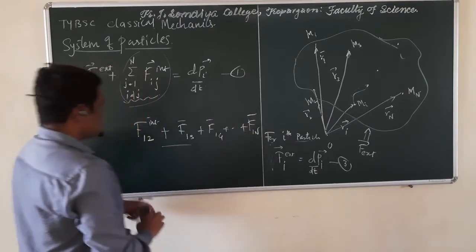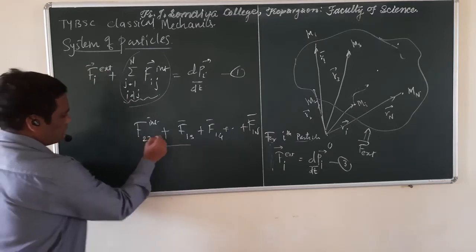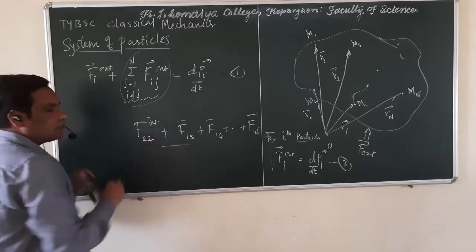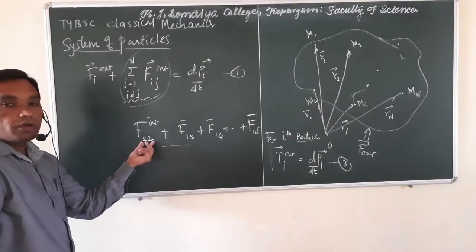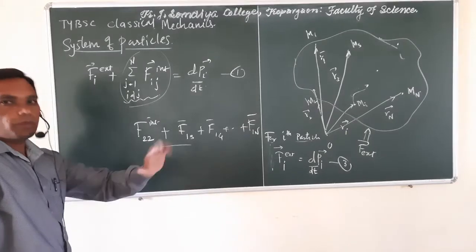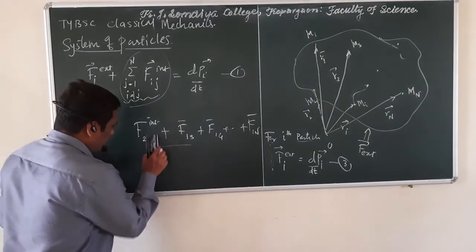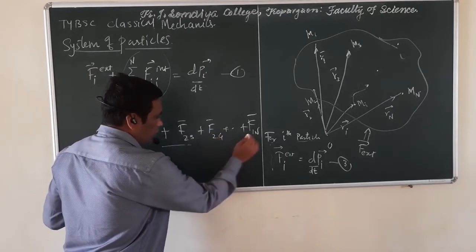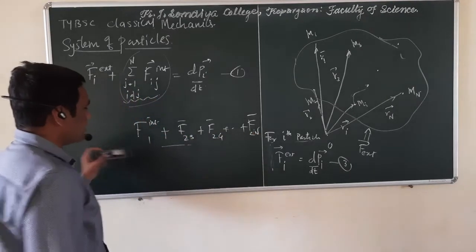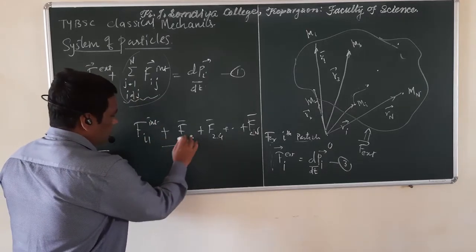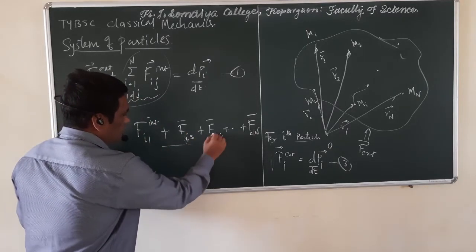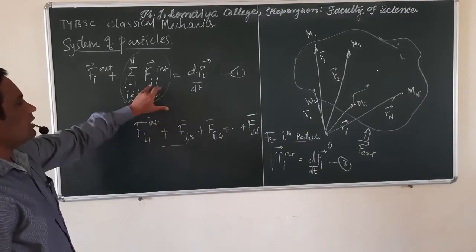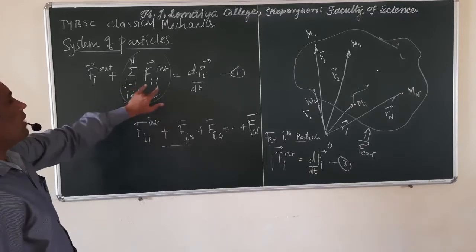Suppose this is the second particle; then we cannot take F22, because this represents force acting on mass m2 due to mass m2, which is not possible. So here we take F21, then F23, F24, F25. If you take the ith particle, we can write Fi1, Fi2, Fi3, Fi4 up to FiN. This we represent by the symbol Fij.